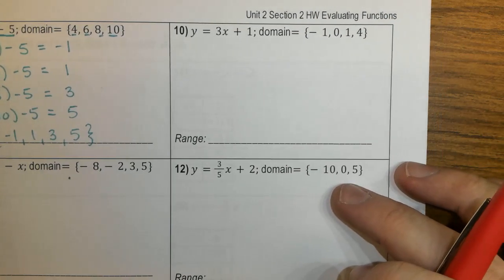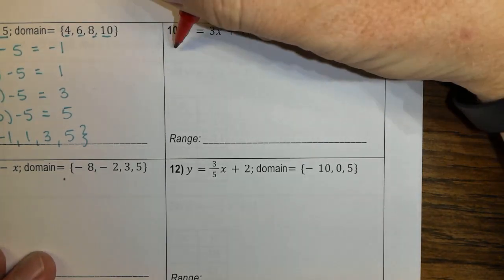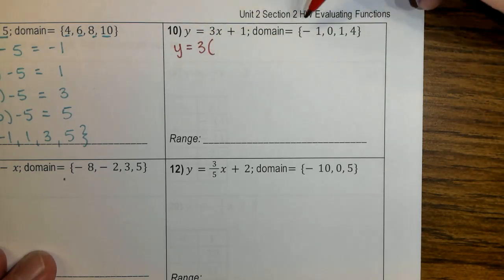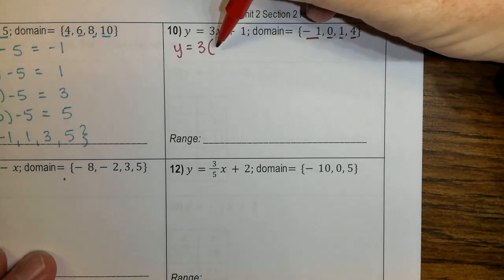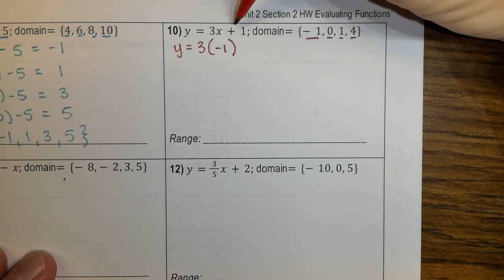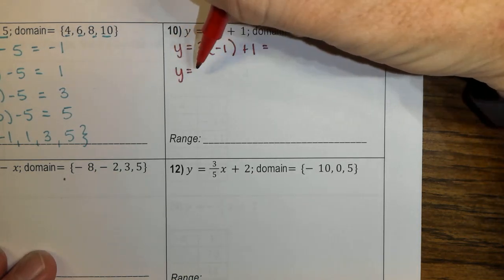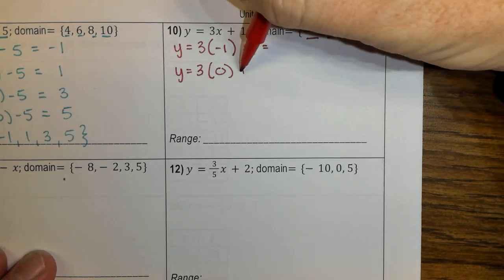All right. Number 10, no fractions, so I'm going to go ahead and write it out just so you can see. So I have y equals 3 parentheses, and then here's all my x values over here. So negative 1 plus 1, right? And then I do y equals 3 parentheses, 0 plus 1.